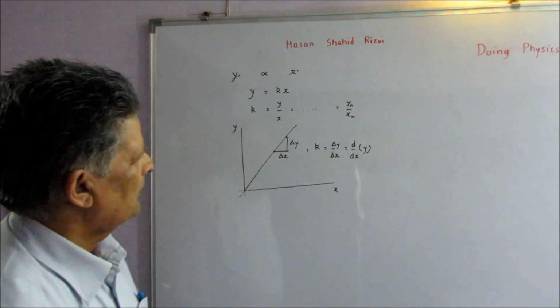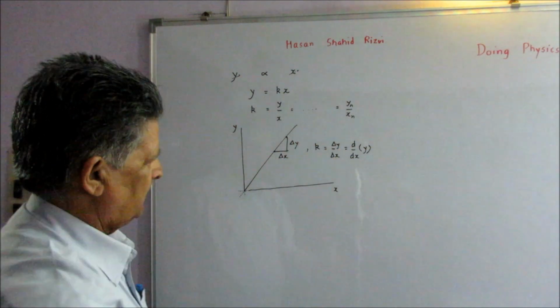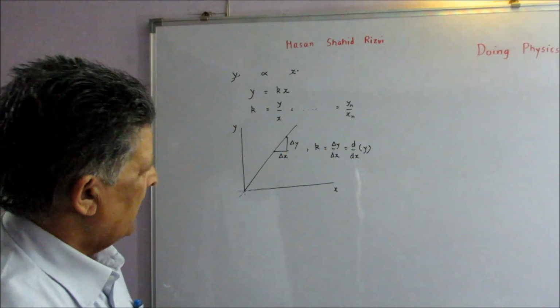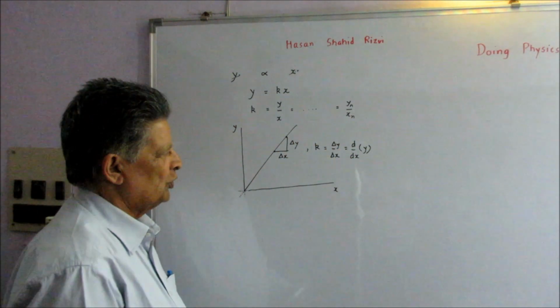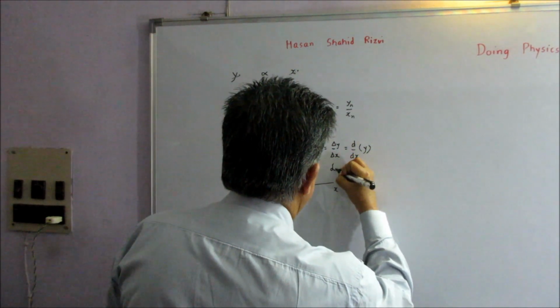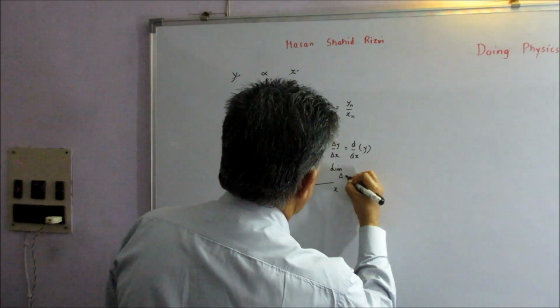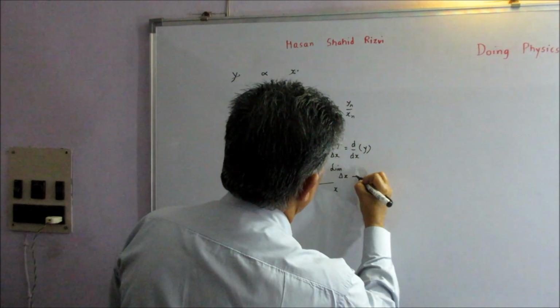And now to elaborate it and to explain to you, of course the limit or the condition is that delta x tends to 0.